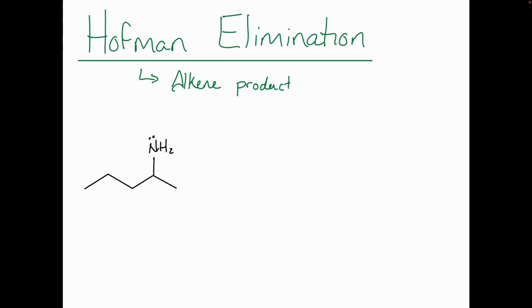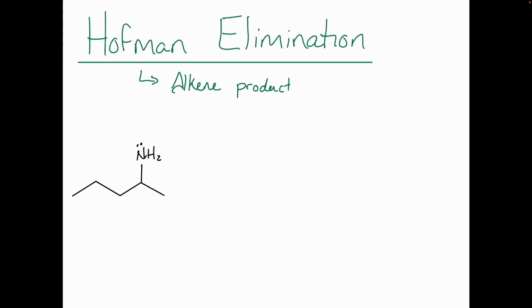So just like we did when we were talking about alcohols, we need to use this strategy of turning it into a better leaving group, and that's going to be by creating one of those quaternary ammonium salts. So what we're going to do is put in a big excess of iodomethane. A very small alkyl halide here, just a methyl group.